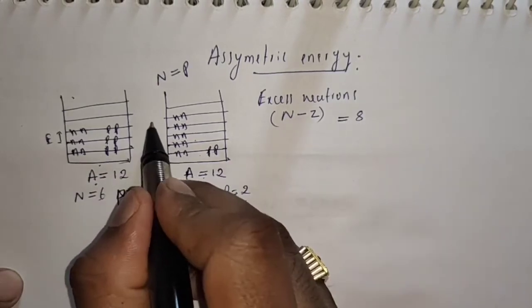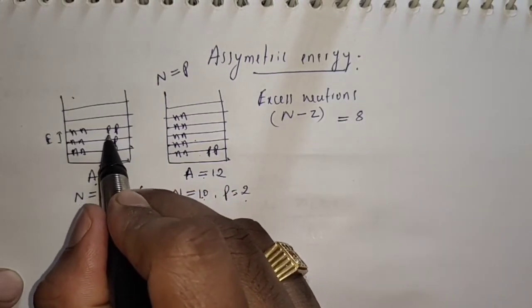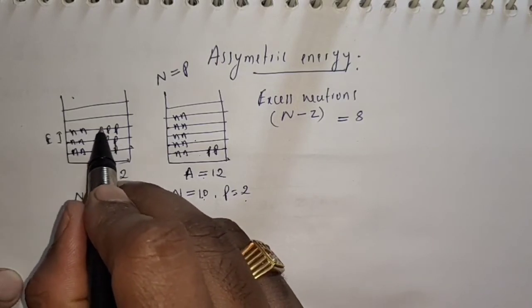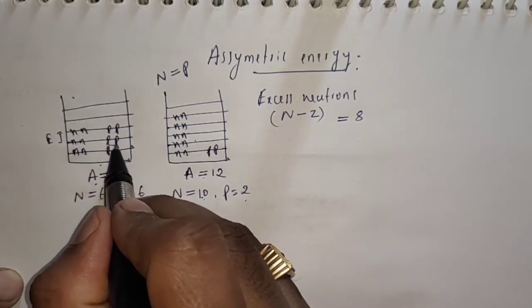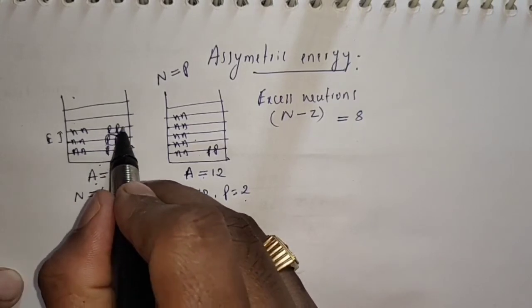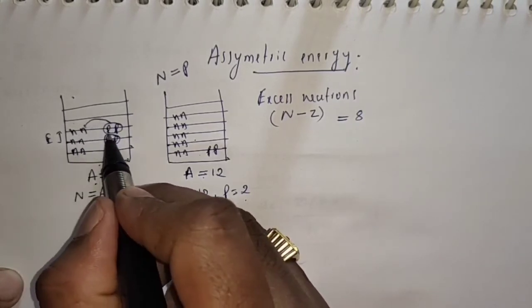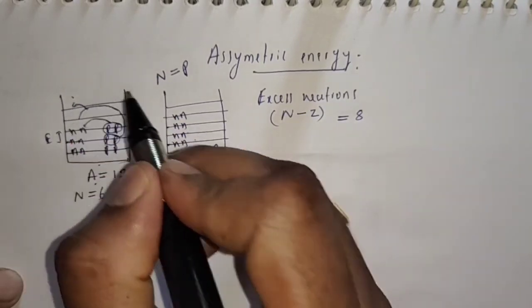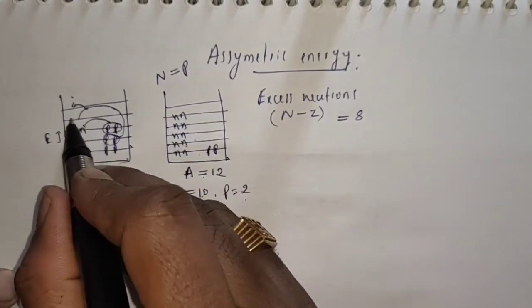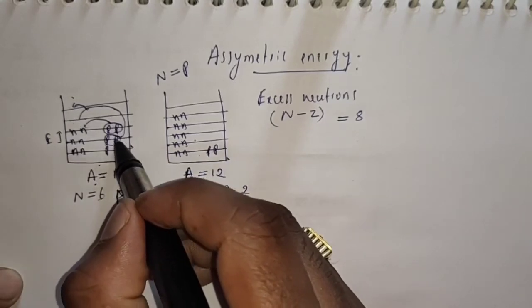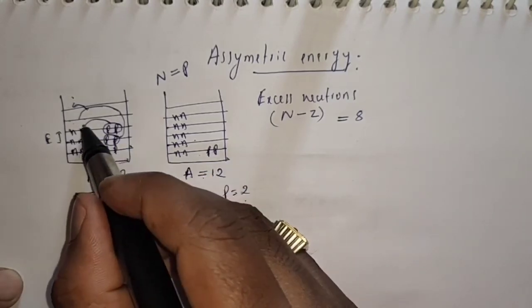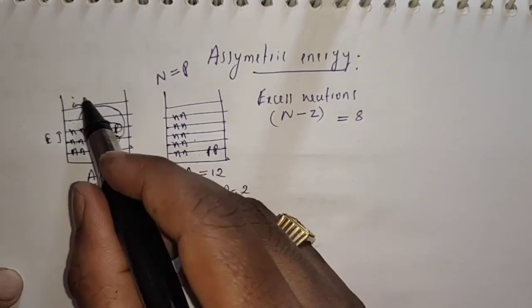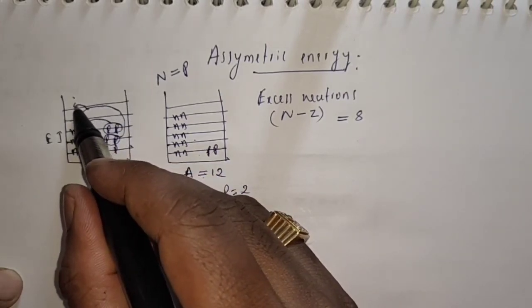And one more thing, if you want to convert this nucleus into this one, we need to convert 4 protons into neutrons, that is, these 2 neutrons and these 2 neutrons. These 2 protons convert into neutrons and occupy this level, and these 2 protons convert into neutrons and occupy the next level.